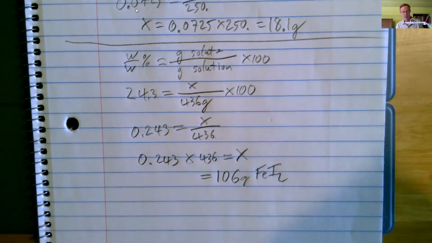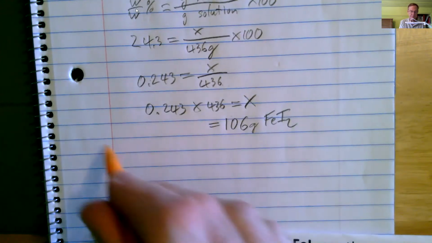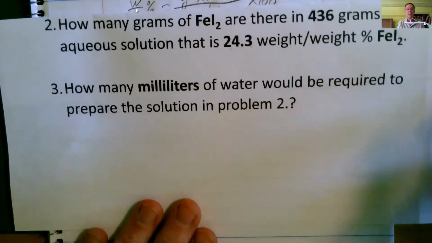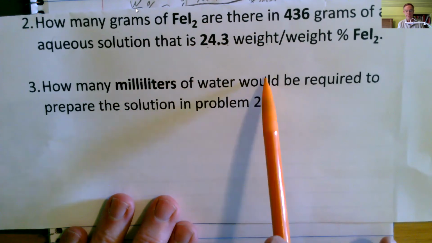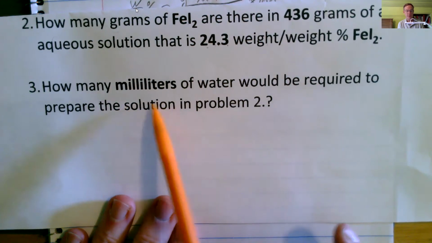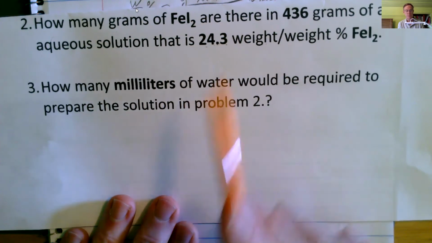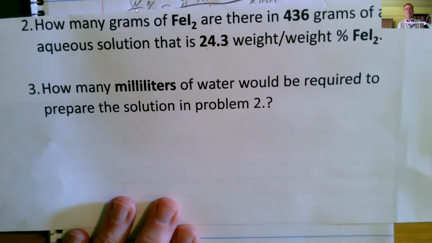Okay. Next question. How many milliliters of water would be required to prepare the solution in problem 2? In other words, this problem right here. Well, let's think about it.